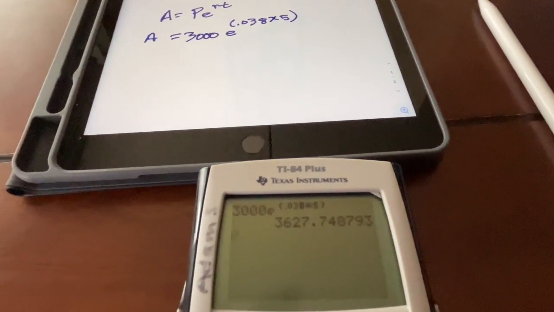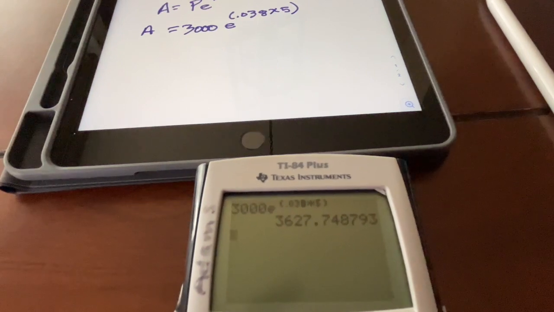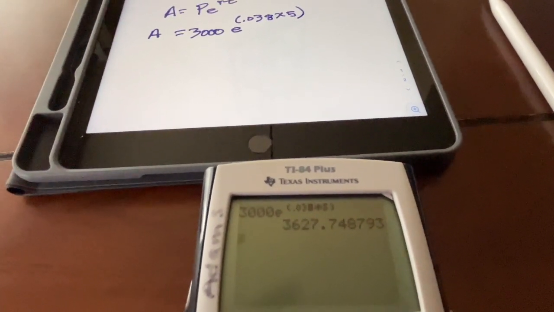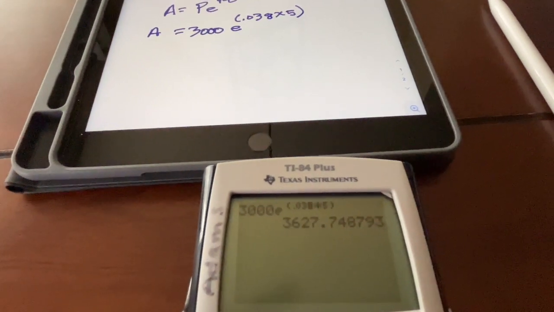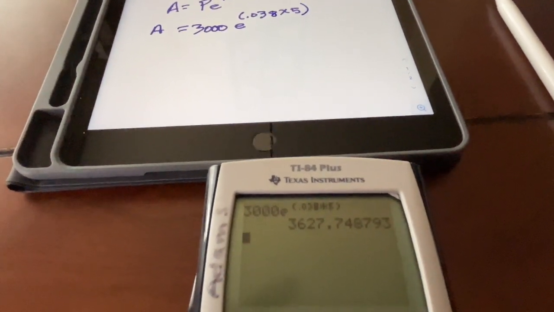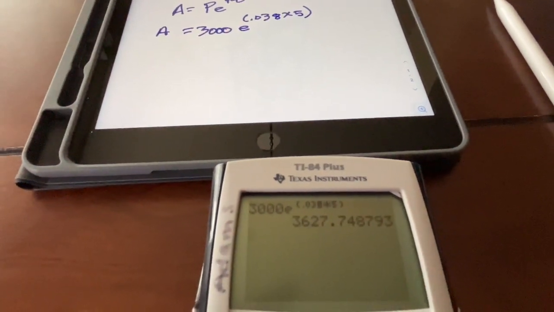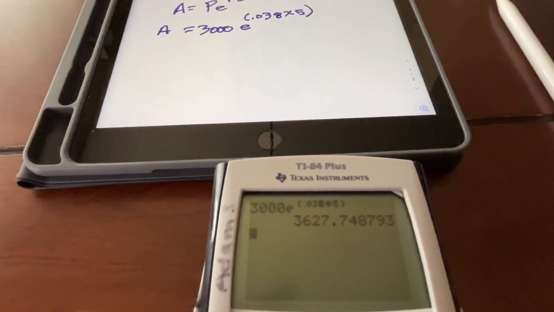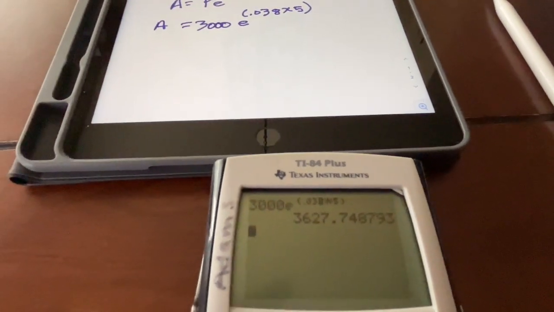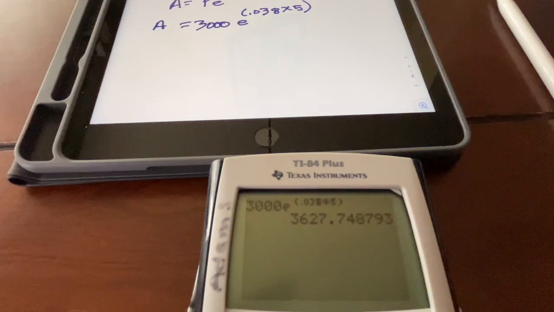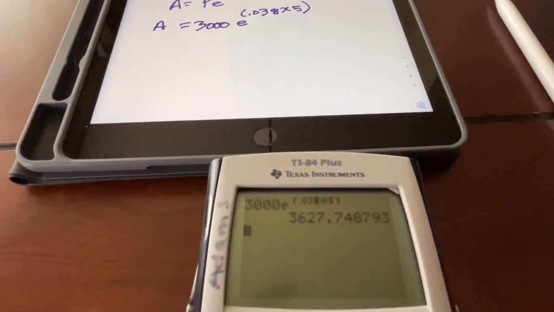So what this means is if you put $3,000 in an account that earned 3.8% interest, compounded continuously, in 5 years you would have earned over $600 in interest that would be added back to your account. So your account would not have $3,000 in it, but it would have $3,627 and about 75 cents.